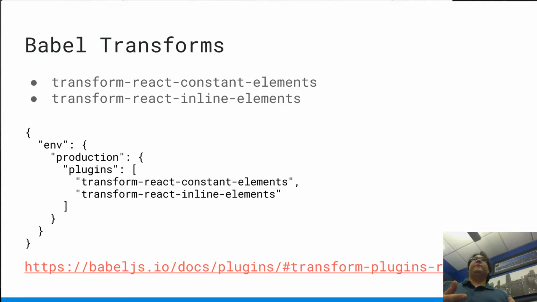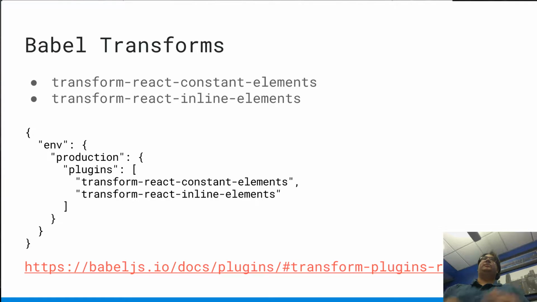Constant elements, I don't know if you know this, but every time you write JSX, internally what the JSX transform is doing is calling React.createElement, and it's returning an object for React to interpret. So what constant elements does is take those elements that are completely static and hoist them into a higher scope so that it's only referenced once and therefore can be reused more readily by React.